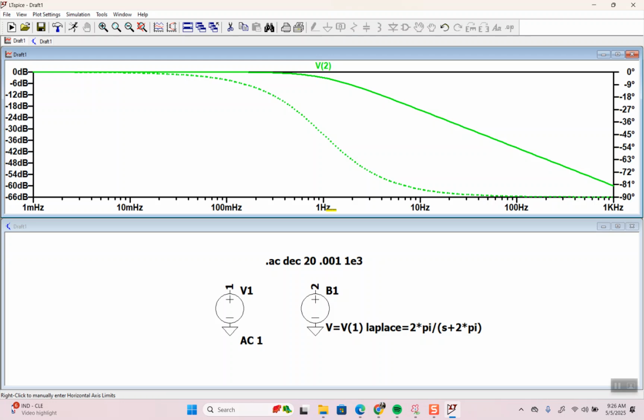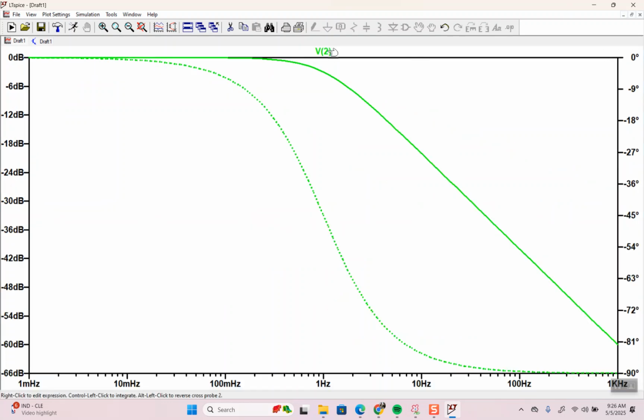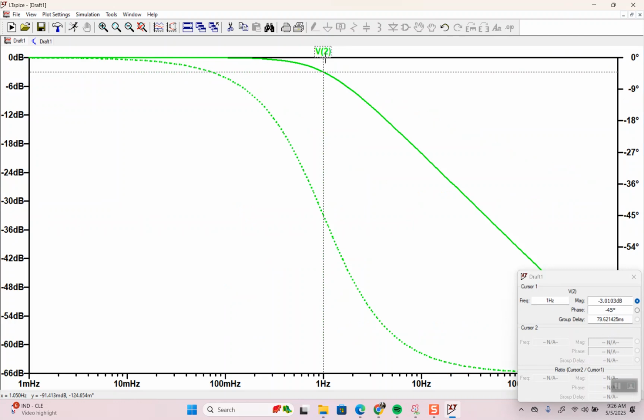Now, if I click on this, it automatically comes up into the center. And so you have the 3 dB and the phase right there. Now, again, I was about to tell you that it can be very difficult. So I want to show you the way you'll do it.